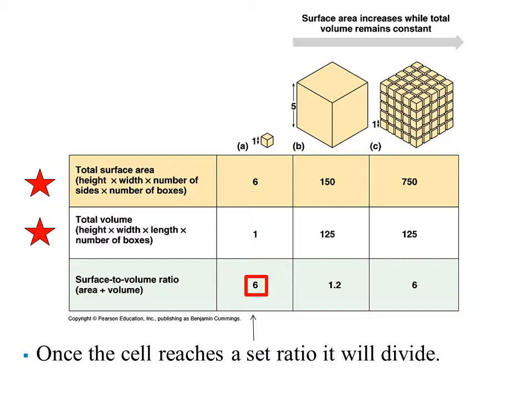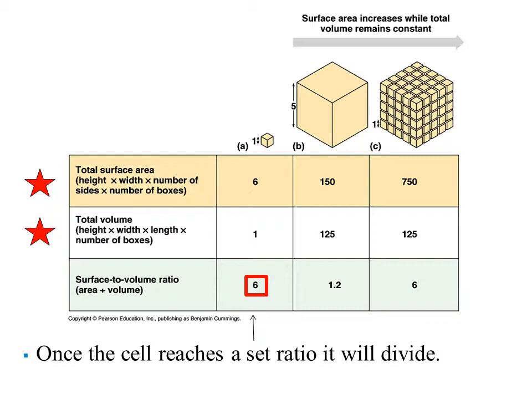So let's look at these two cells, cell A and cell B. Cell B is very large. So we're looking at the surface to volume ratio of cell B versus cell A. You do not need to remember the number, but just know that as the cell enlarges, this cell surface to volume ratio will decrease.